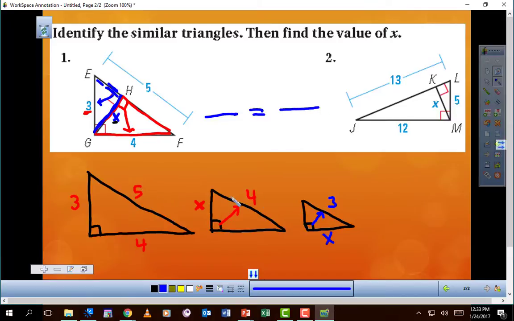Now the nice thing about having things set up this way is I can see which sides are proportional. The 5 is proportional to this 4, and this 3 is proportional to x. Does that sort of make sense? There are multiple ways to set this up, but I'm going to put the big triangle on top, and on the bottom I'm going to put the medium triangle.